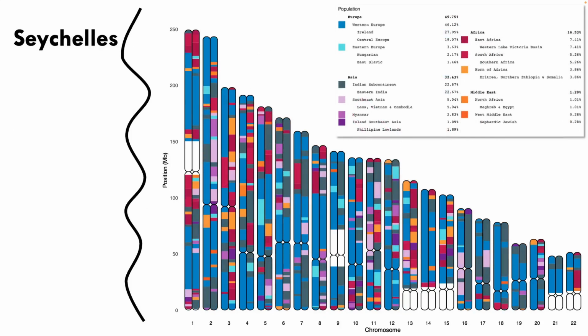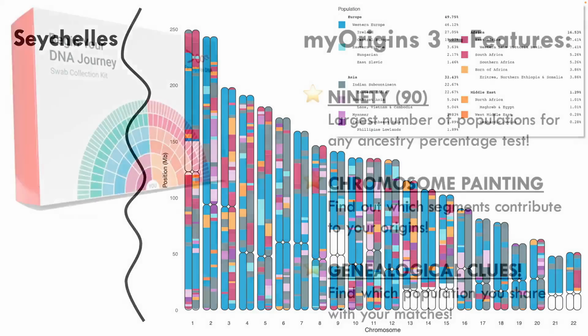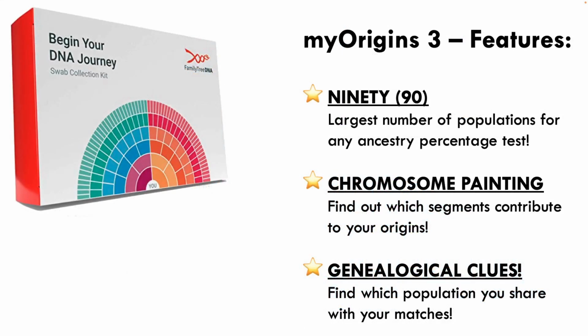Someone who is from the Seychelles might have ancestry from all around the world, all different continents, Europe, Asia, Africa, and the Middle East, and it's just a mishmash of these different continent level segments. So regardless of whether you're one population or many, as someone from the Seychelles, you're likely to get something from this new myOrigins tool.